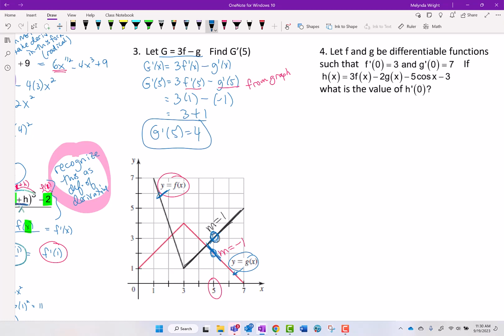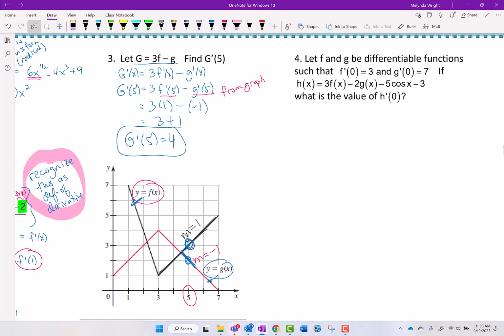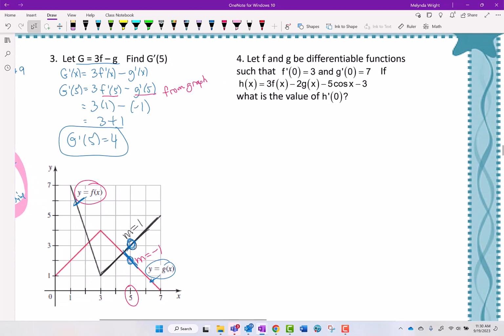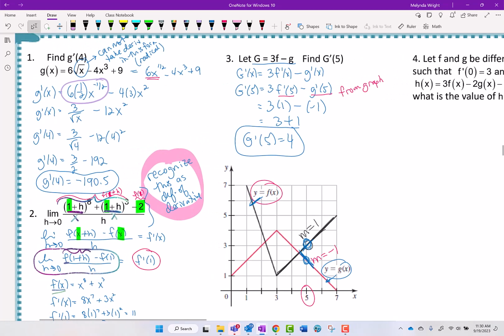Okay. How are we doing? We doing okay? Okay. So we're working through different kinds of problems, understanding how the rules work in different circumstances. In the very first problem, we looked at how the power rule works in a standard situation.